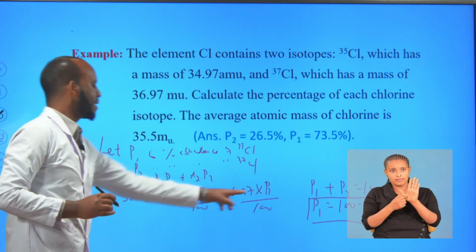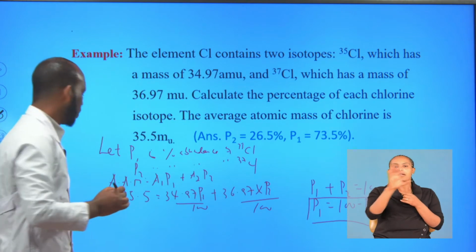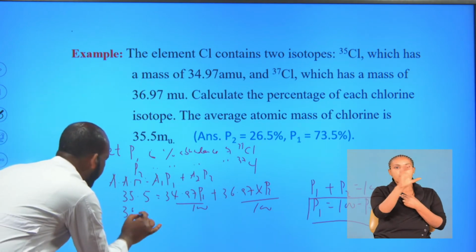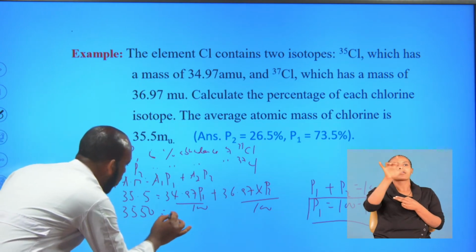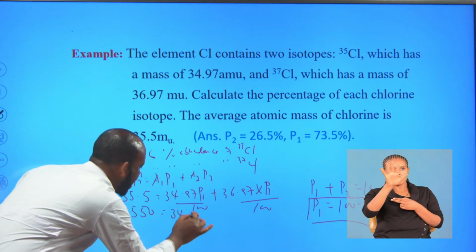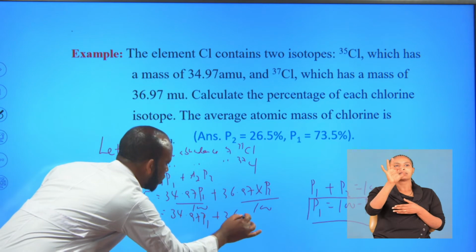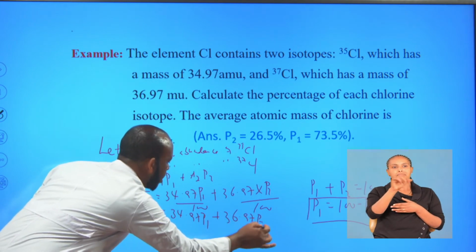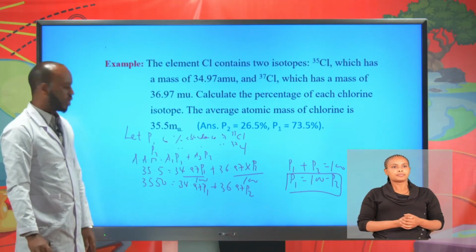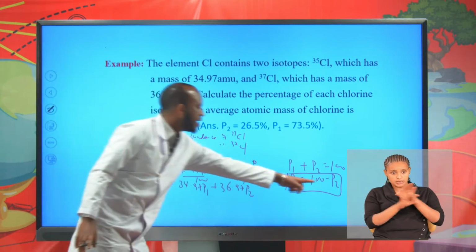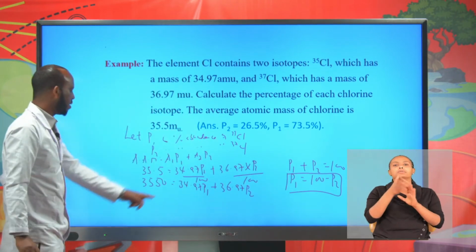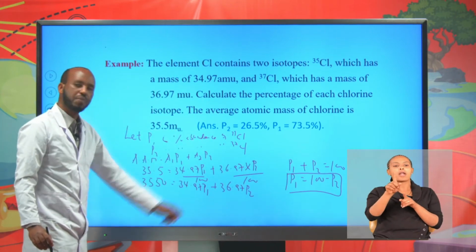Multiplying both sides by 100, this gives you 3550 equals 34.97 P1 plus 36.97 P2. Substitute 100 minus P2 in place of P1.